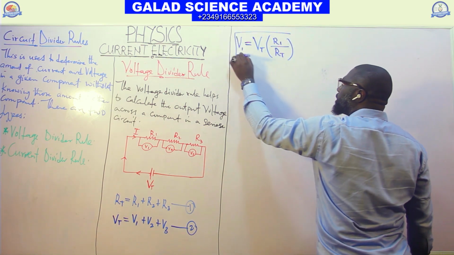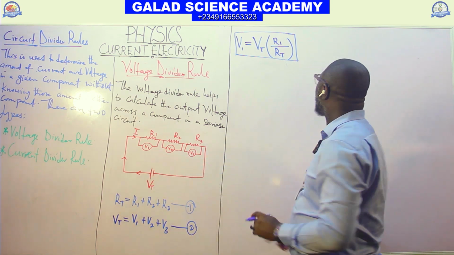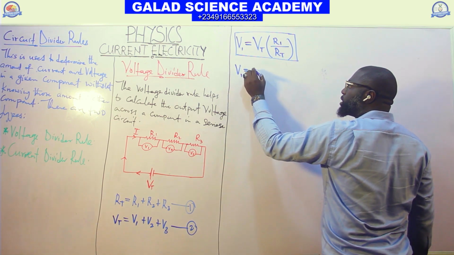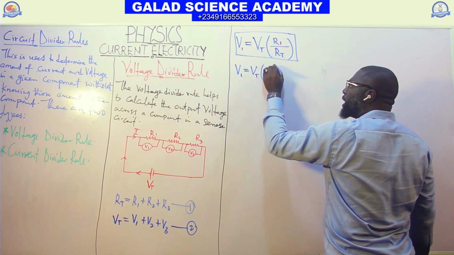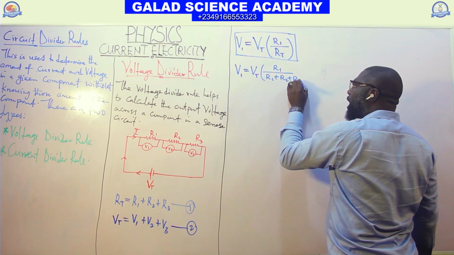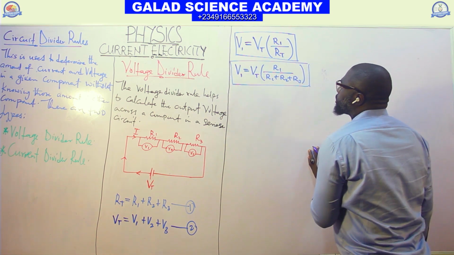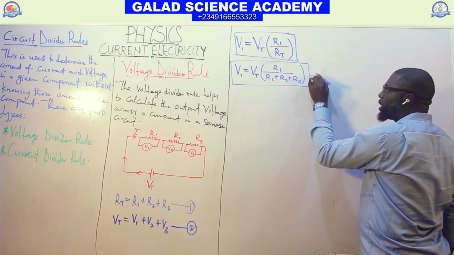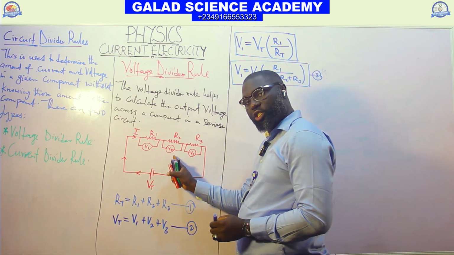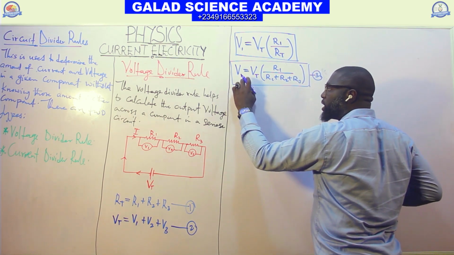We can also write it in this form: V1 equals V total times R1 over R1 plus R2 plus R3. It is still the same. We can call it equation 3.